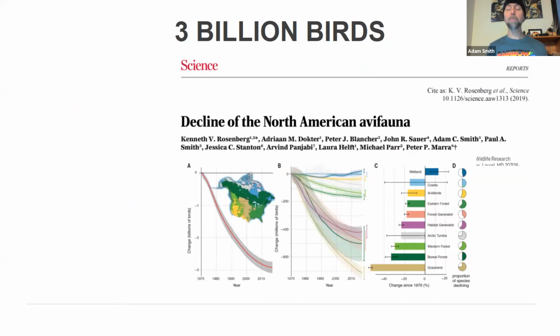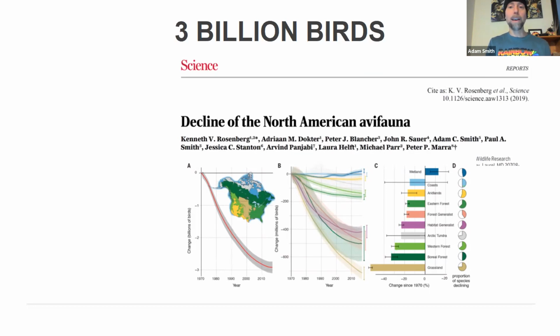So we have these estimates of population size, and we have these estimates of relative abundance and trend in change in relative abundance. Then this 3 billion birds paper that came out last year was one of the first attempts to combine those two sources of information in a structured modeling approach, to calculate the number of birds in the continent every year for the last 50-ish years.